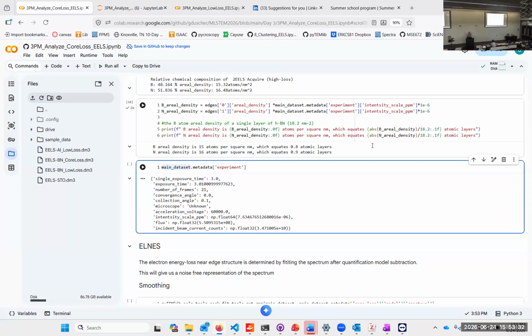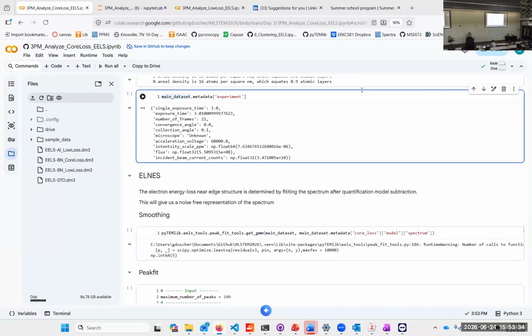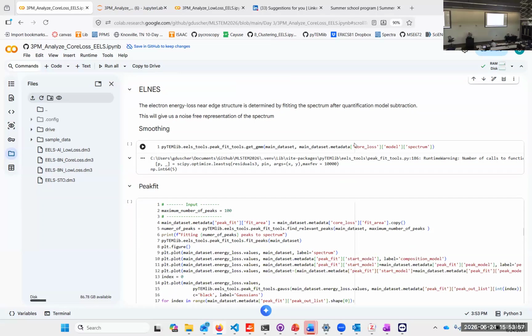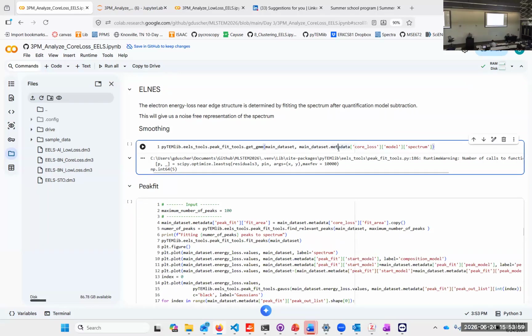correlate that with that. Now we do the same thing we did with the low loss spectrum, right? So we have a representation of the, let's say, crude features of the sample, right? So we have our cross sections, we have our background. We want to know the shape of the edges, and we want to do that the same way.